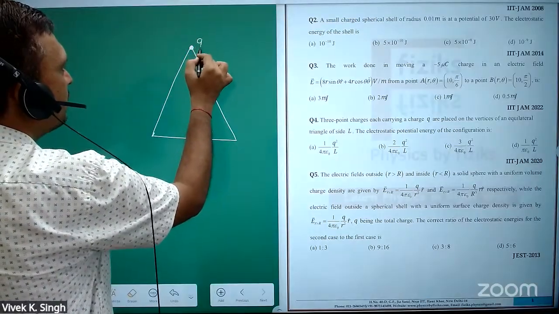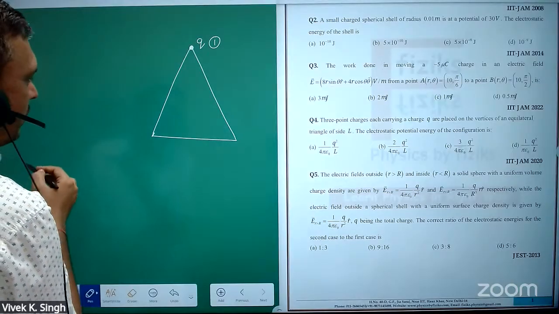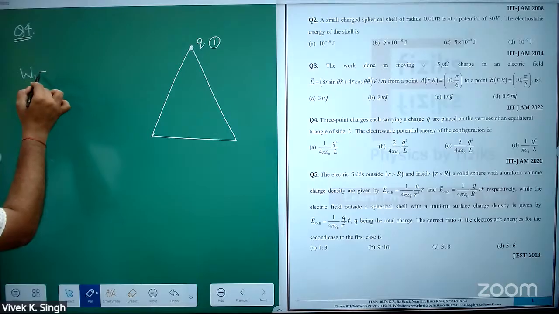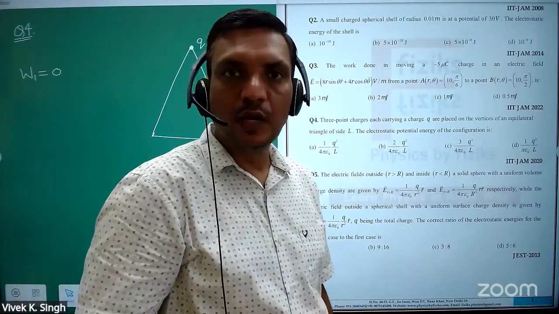This charge is Q. So I'm taking this to be the first charge. So what is work done in placing first charge? 0, because there is no other charge here.